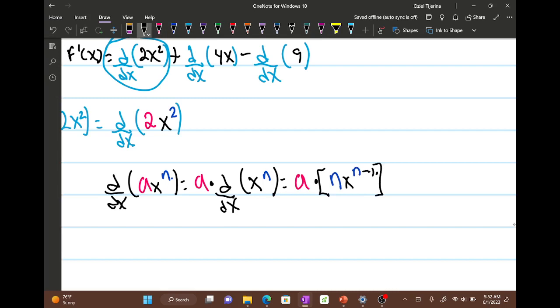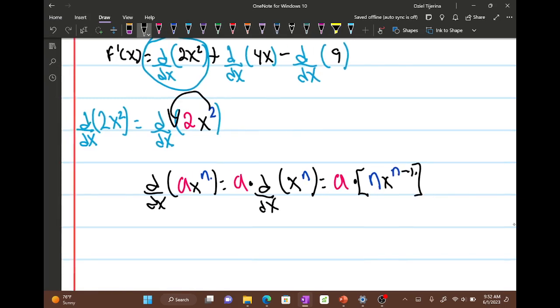The way that I remember this is I bring the power down and subtract 1 from the exponent. That's a good way to memorize it.